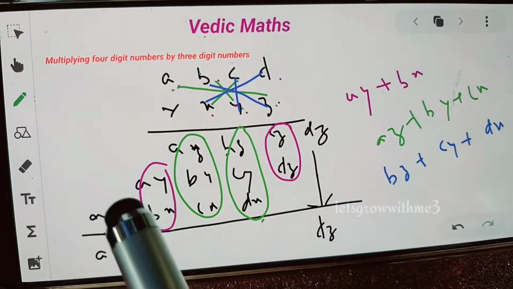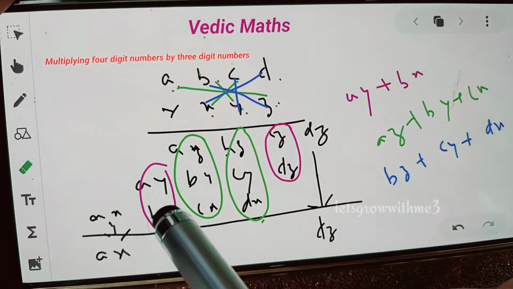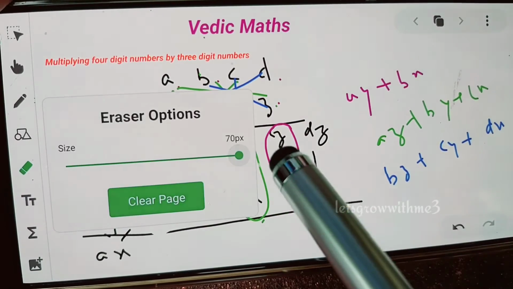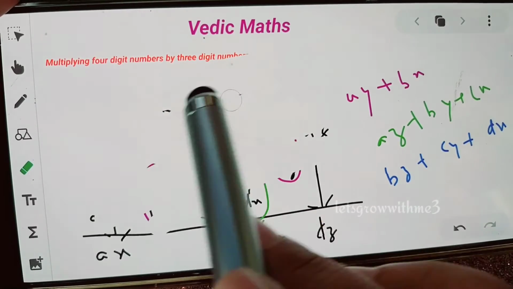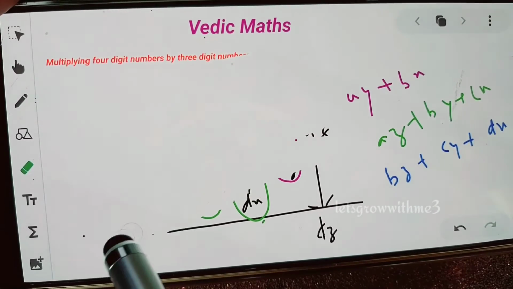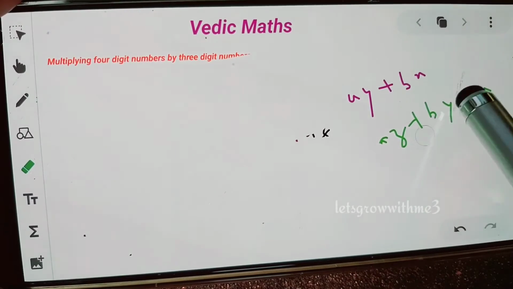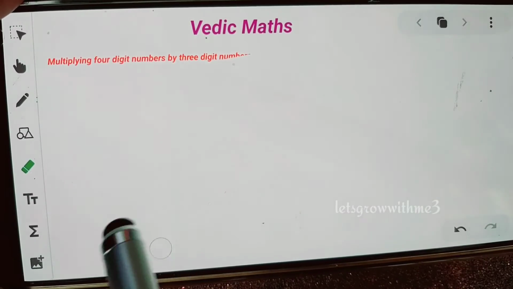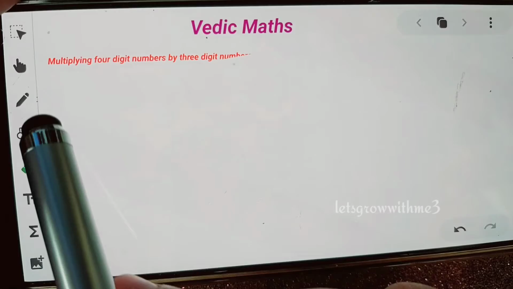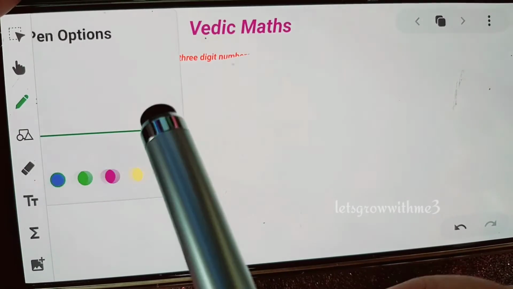Similarly we have one more second degree cross, which is bz, cy, dx. This is the same technique we need to apply in the examples. If you didn't get anything so far, don't worry, because when you solve examples you will get everything. Let me take the questions and solve a few.